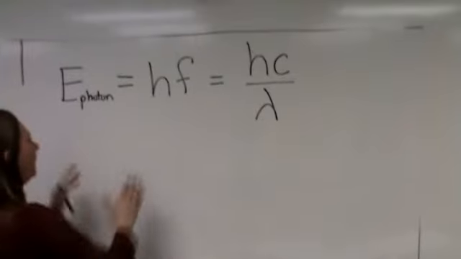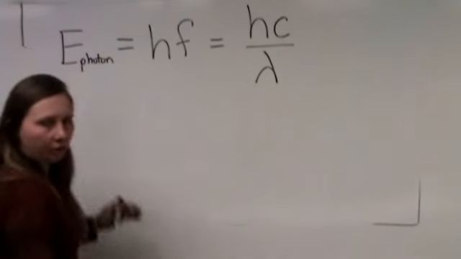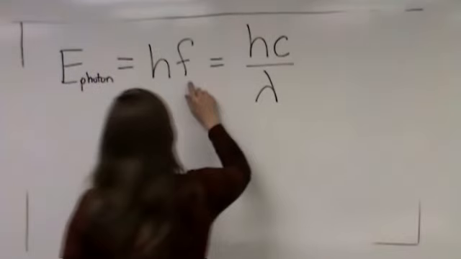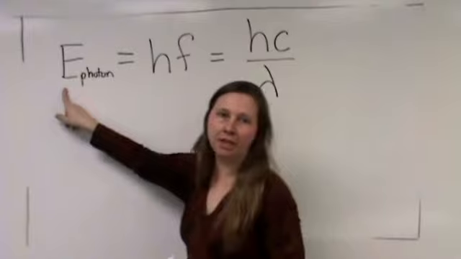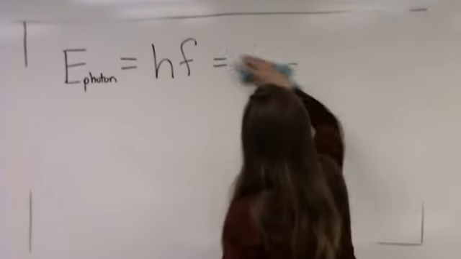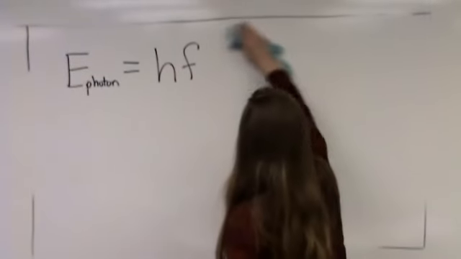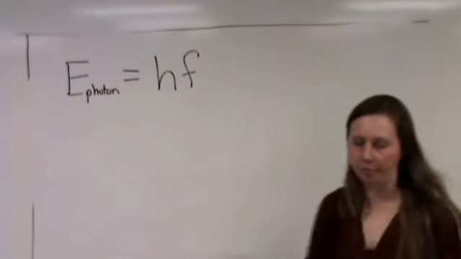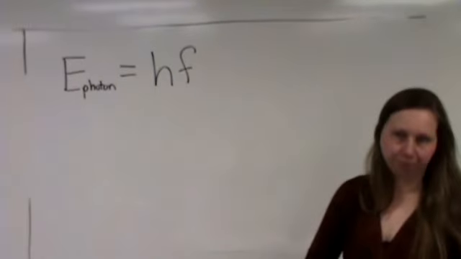Right now, I'd like to focus on this portion of the equation, using the frequency to determine the energy, and we'll do this part later, using the wavelength to determine the energy of the photon.